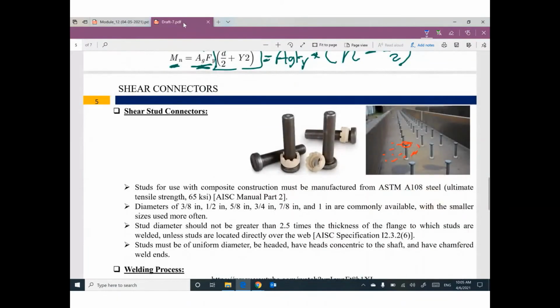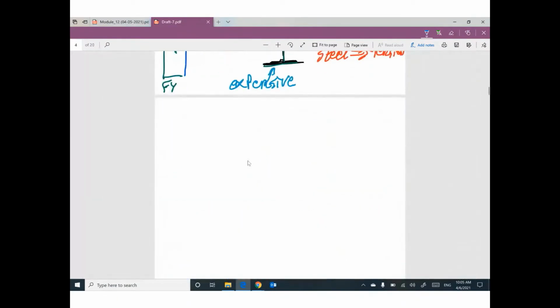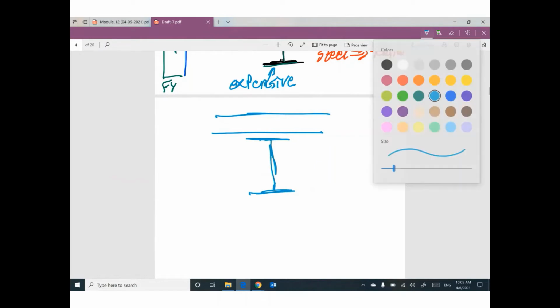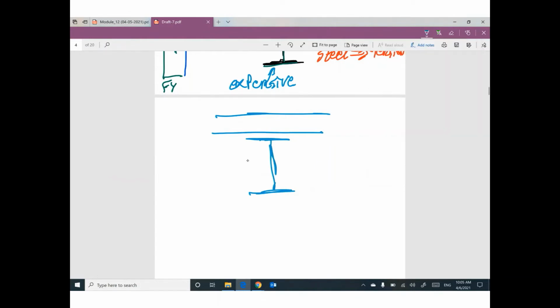To make sure this concrete slab is working compositely with this steel beam, we must provide shear connectors.